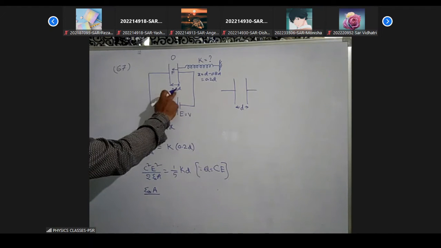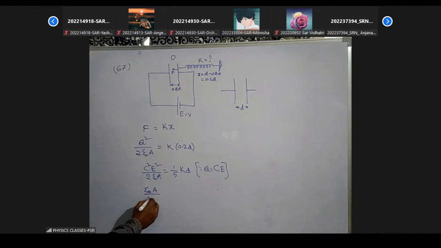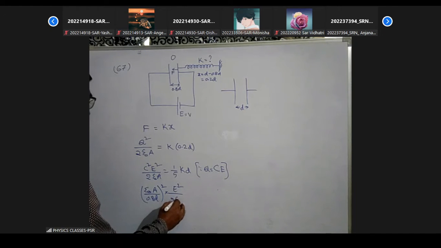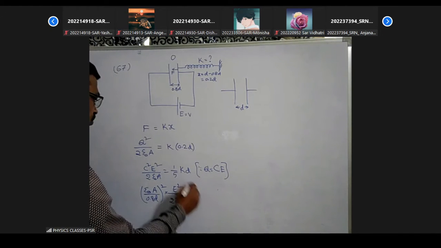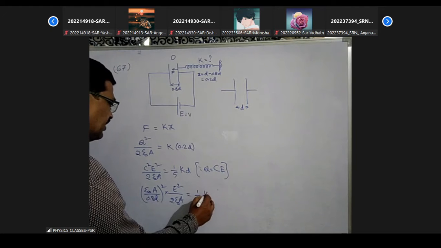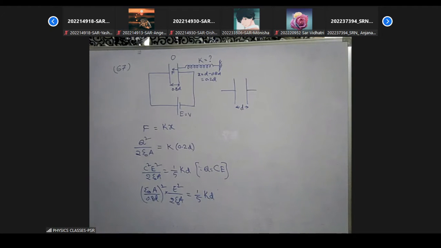What is the distance between the plates now? 0.8 D. So epsilon naught A by 0.8 D whole square into E square by 2 epsilon naught A is equal to 1 by 5 kD. Now simplify it.